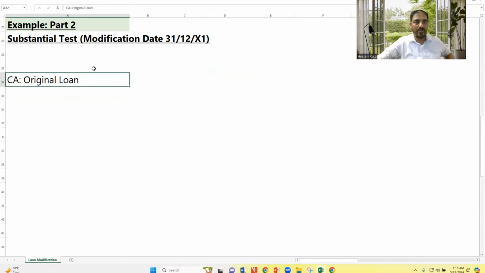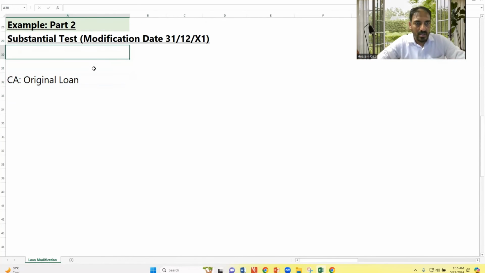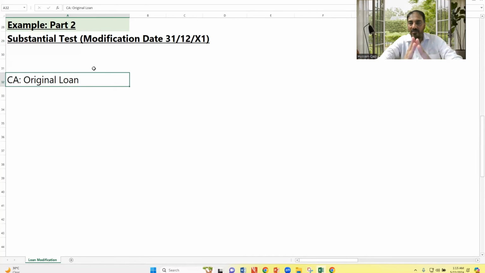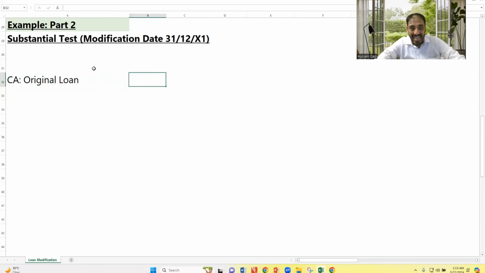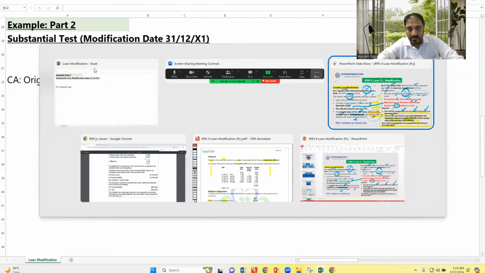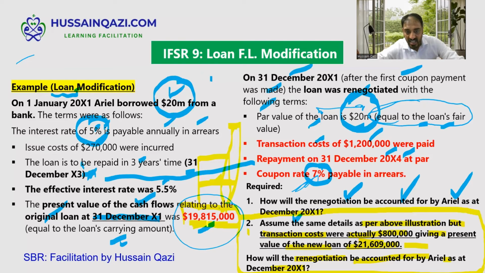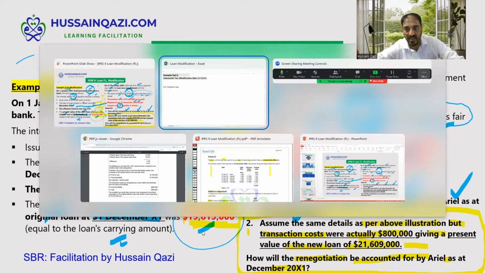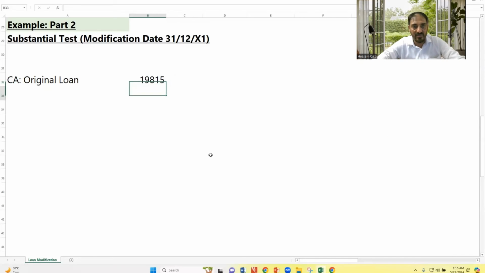Now here is the solution of example part 2. Obviously, the topic is still the loan modification. So the very first thing is the substantial test at modification date. With example part 2, the modification date is still the same, 31st December X1. The carrying amount of the original loan remains unchanged, that is 19,815.